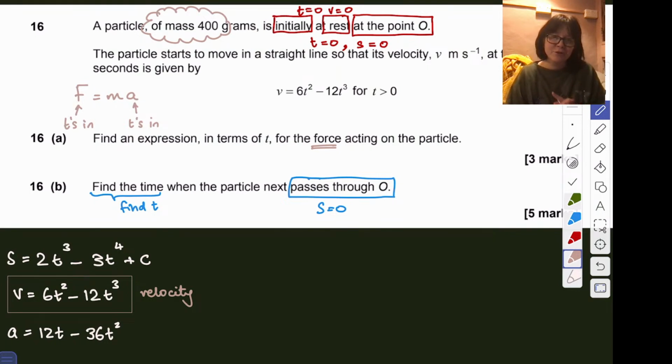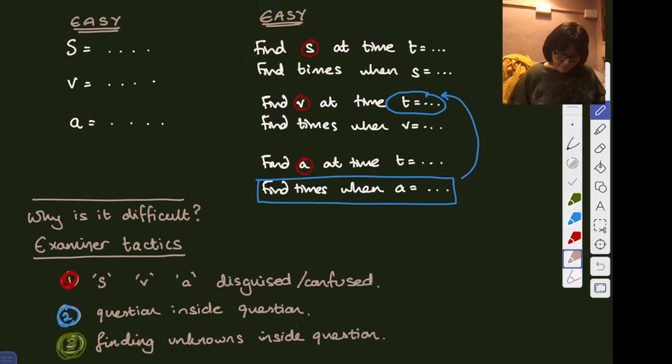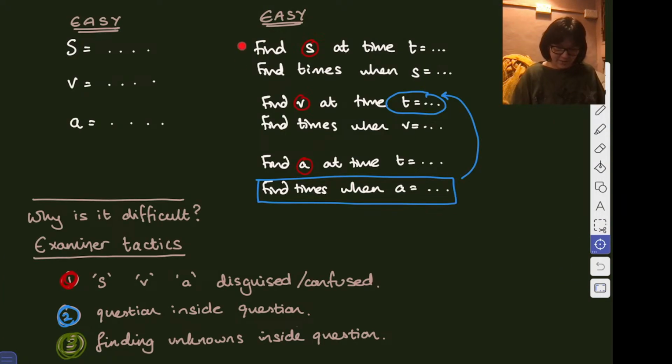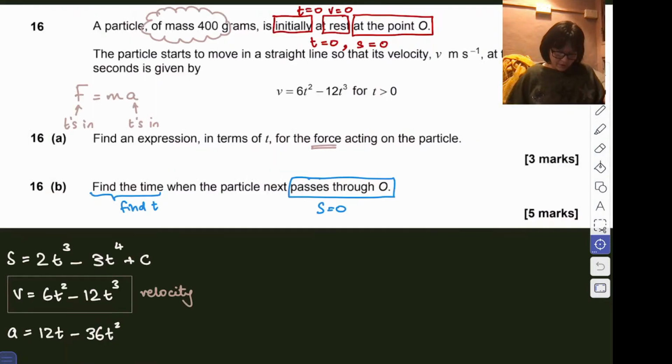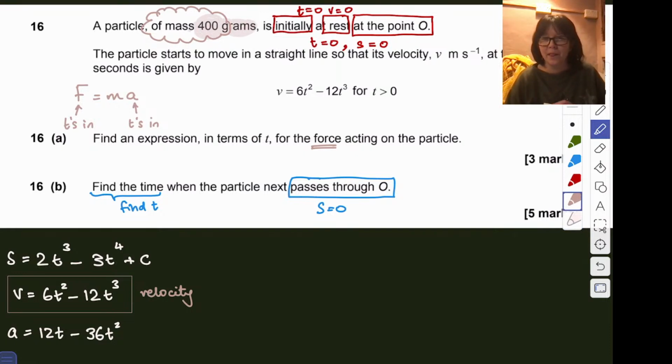There is an examiner trick here. And they're trying to make these questions difficult, right? Because they're not difficult, they're fundamentally not difficult. They are fundamentally just these things here, and F equals ma is just stick in the bits you know and then get the other bit that you don't know. So the examiner trick that they've used here is not the right unit. It's not kilograms, it's grams.